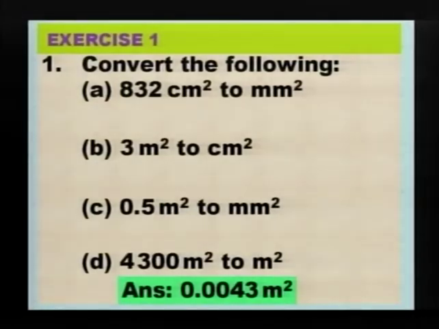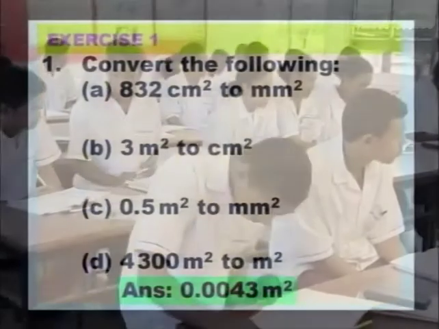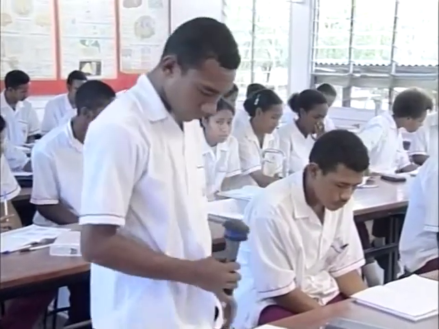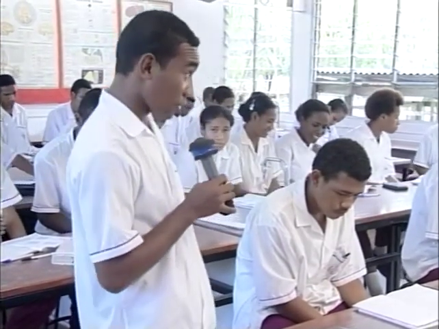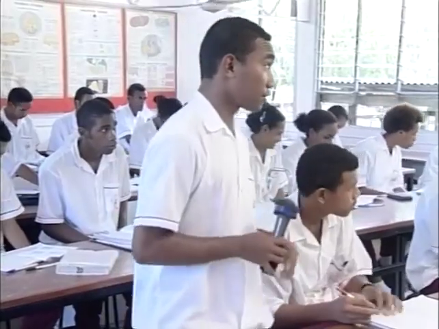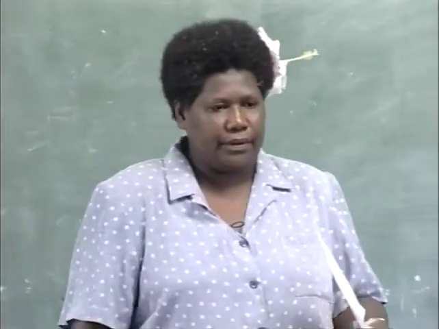Number 1A, you have to change 832 square centimeters to square millimeters. Please, your answer. 83,200 square millimeters. Very good, Kyle.